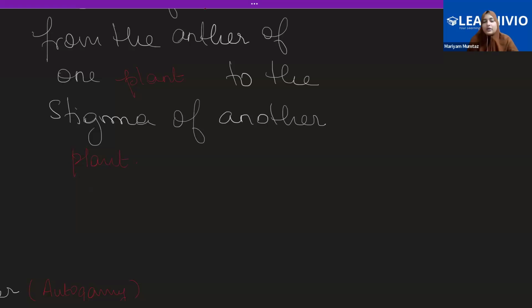So this type is called cross-pollination or xenogamy. Here the pollen is genetically different, whereas in the case of self-pollination, it is genetically the same kind of pollen that is coming.